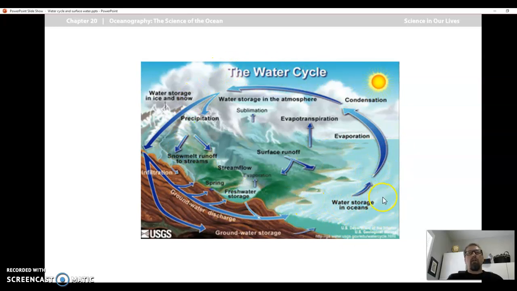And so as water is evaporated from the ocean, that salt is left behind, and it precipitates fresh water into streams, and the fresh water gets cleaned as it enters into the ground, right?